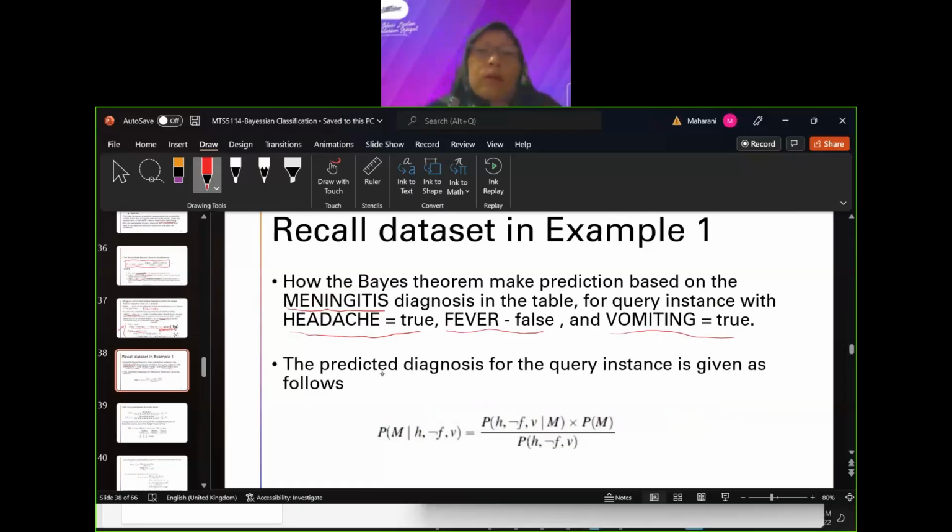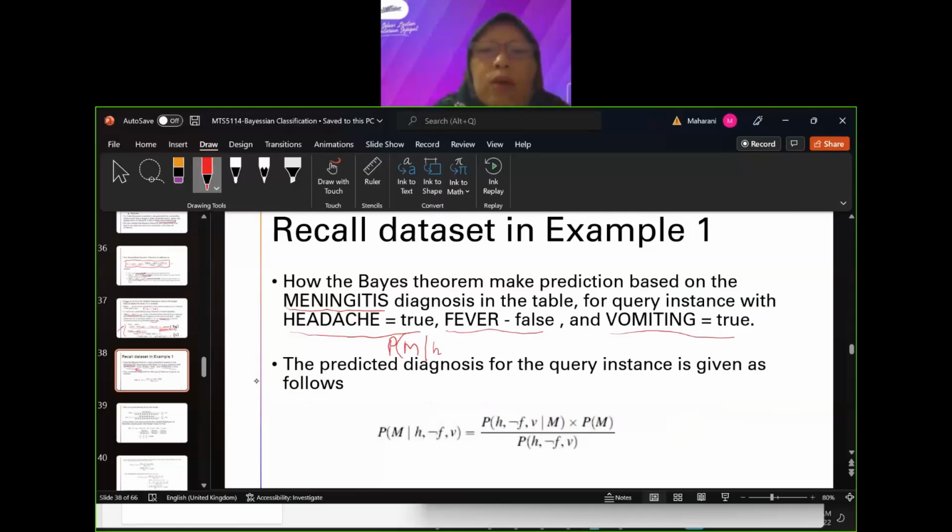Because we want to predict this, if I convert this problem into probability terms, we have P, the probability of meningitis, with the condition H, it means H is true.